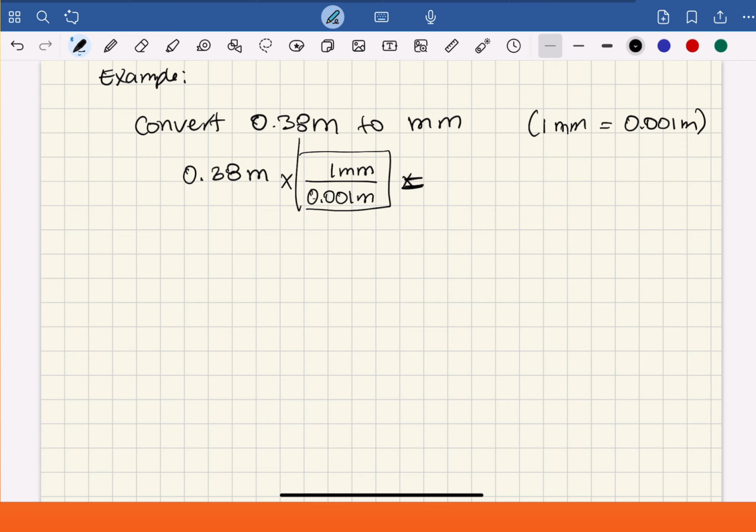Then you're going to divide 0.38 by 0.001, and that actually equals 380 millimeters. So 0.38 meters is equal to 380 millimeters.